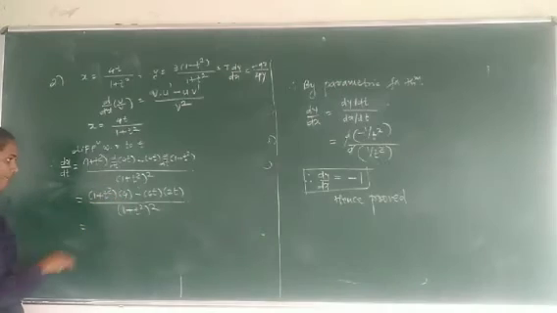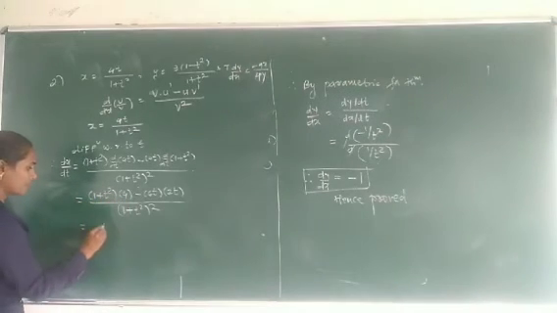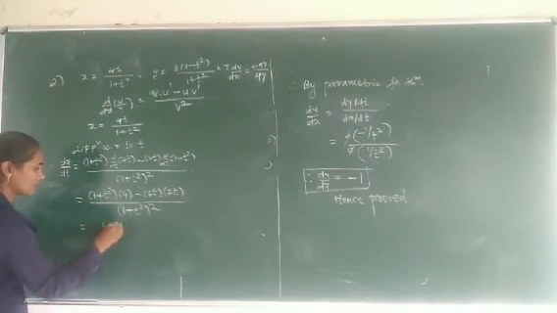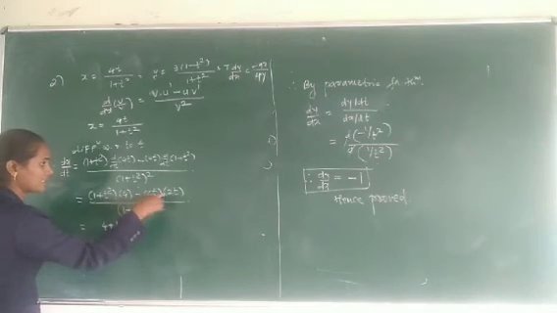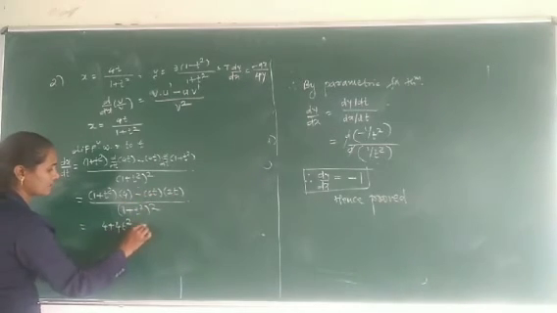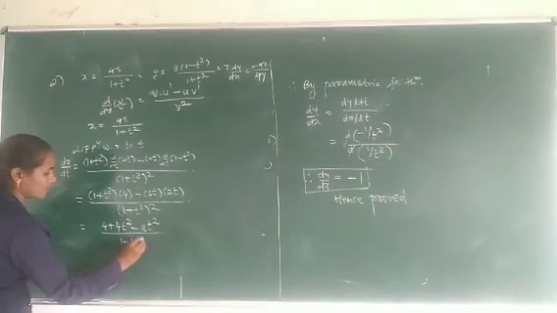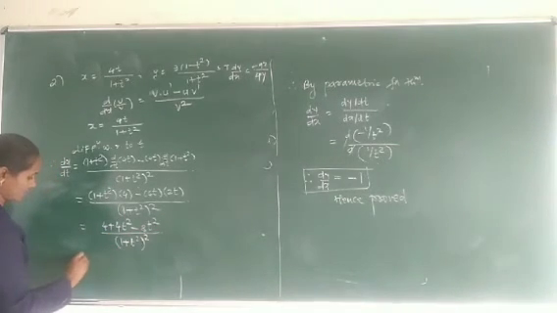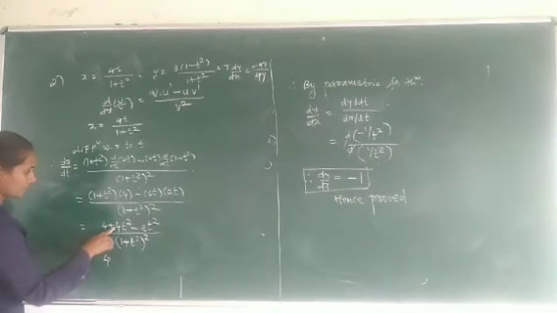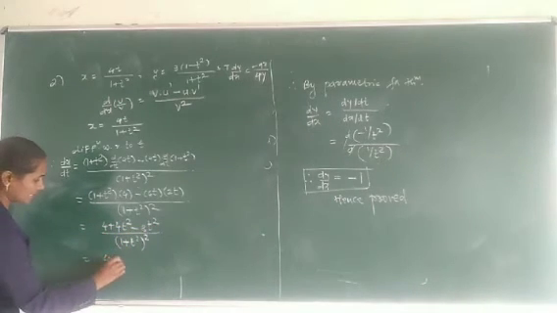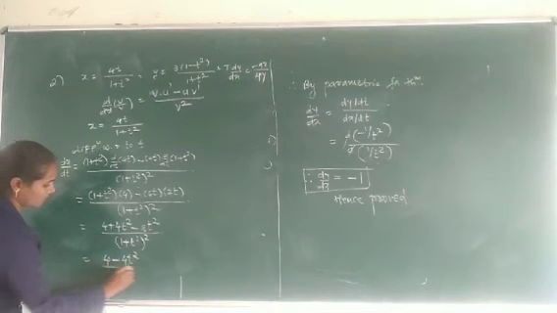So here we multiply this 4. So 4 into 1 becomes 4, 4 plus 4t square minus 8t square, that is 4t into 2t, upon 1 plus t square squared. So here we get 4 minus 4t square upon 1 plus t square squared.